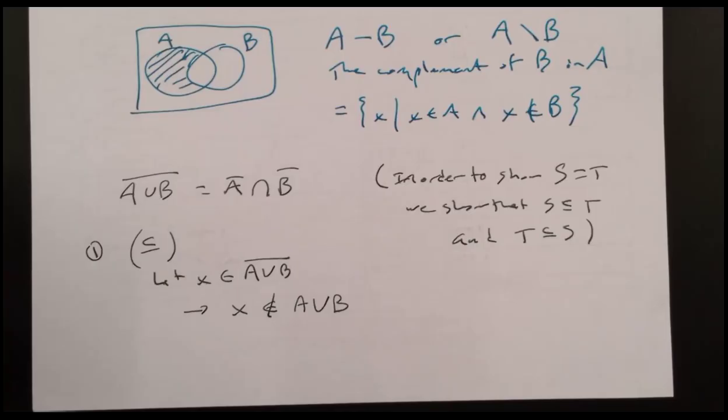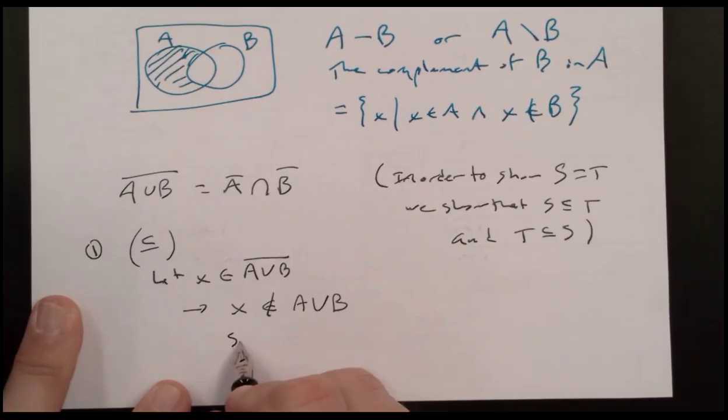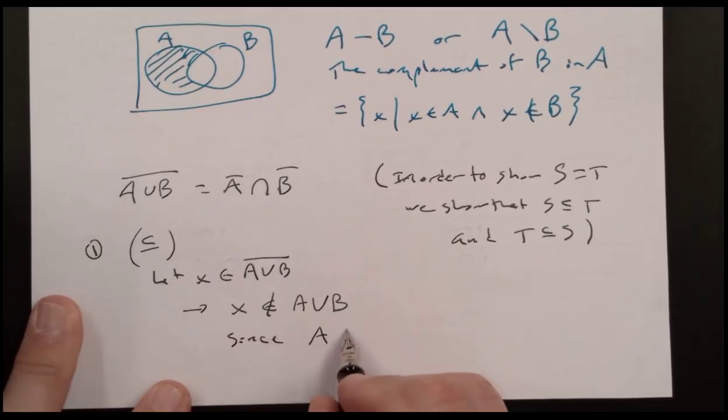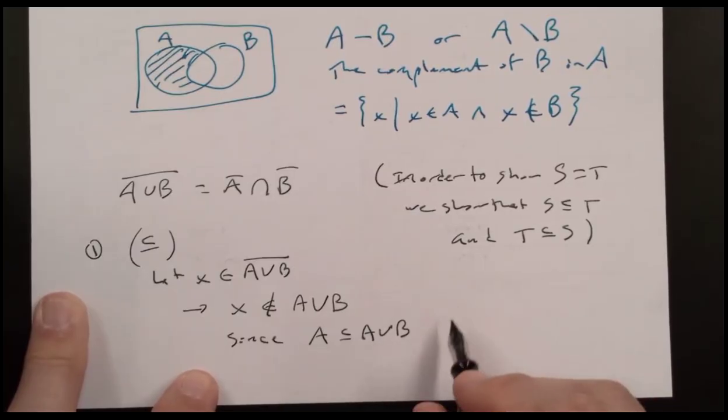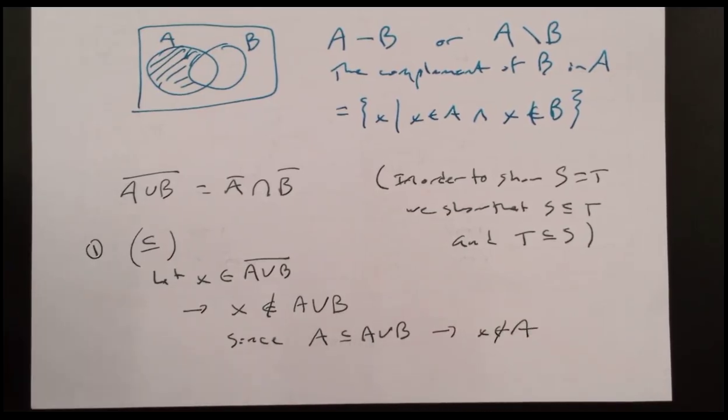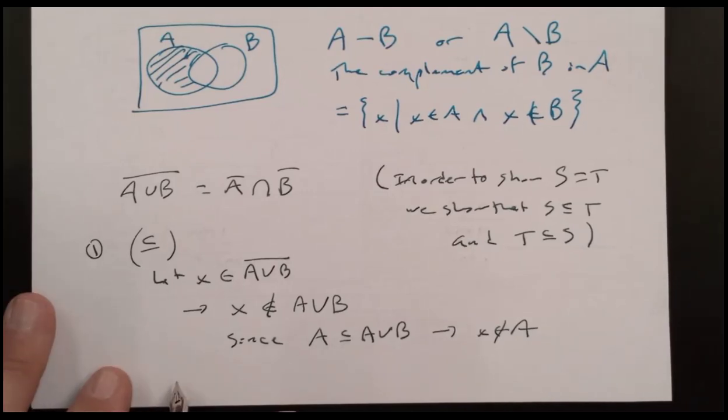Now, clearly that means X can't be part of A, since A is a subset of A union B. That's our definition of subset: everything that's in here has to be in here. Since A is in there, this means X is not part of A. The following is the most important word in this part of the proof: and.